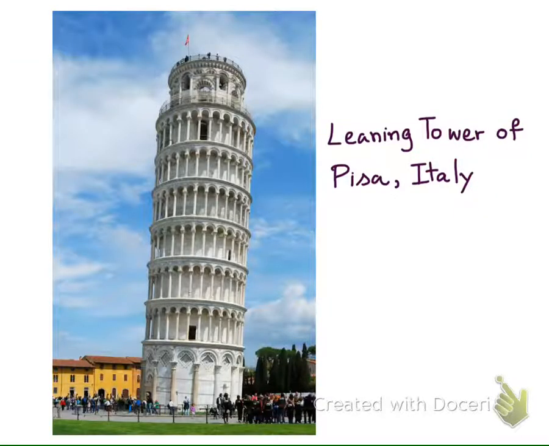So this is a picture of the Leaning Tower of Pisa. So it means that if Galileo dropped two objects, this one and this one, down to the ground, they will hit the ground at the same time.